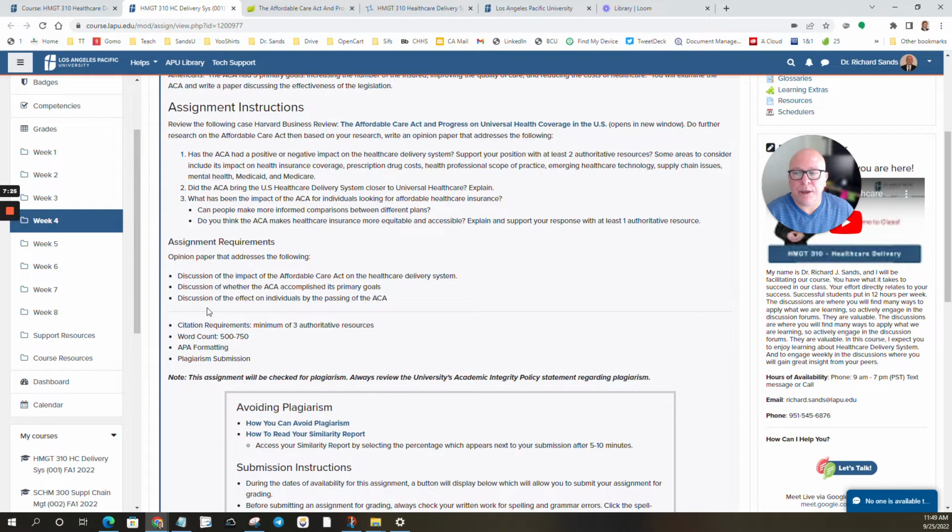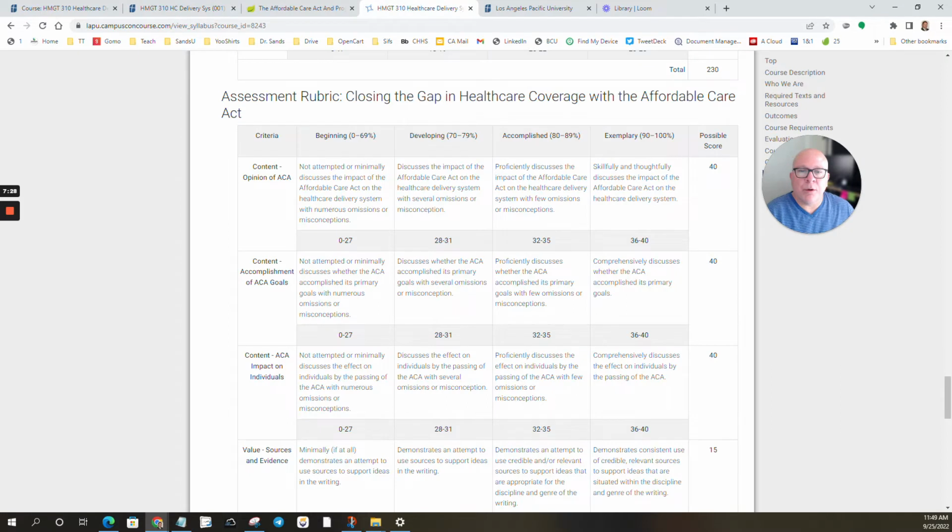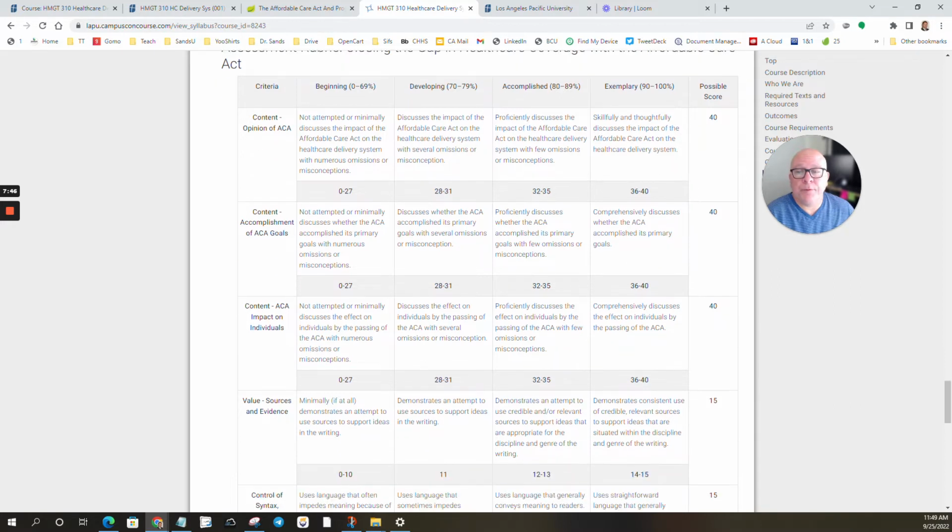So see the difference here? Comprehensively, proficiently, and over here is not attempted, and this is just discussed, right? So comprehensively, skillfully, and thoughtfully. Third one, content, ACA impact on individuals: comprehensively discusses the effect on individuals of passing the ACA.